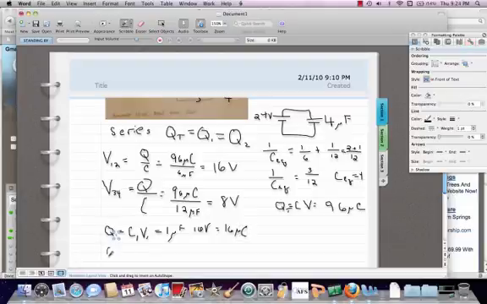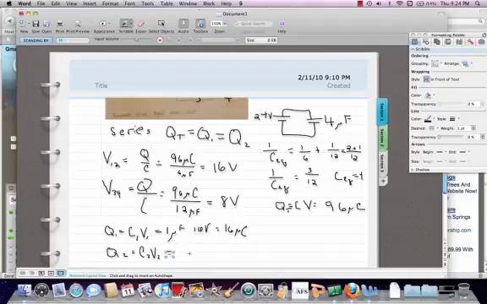And now Q2 is equal to C2 times V2. And now V2 is the same as V1, right? It's the 16 volts. The 16 volts goes through both of those capacitors.